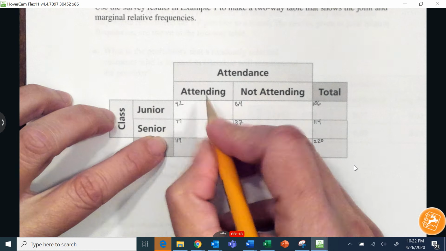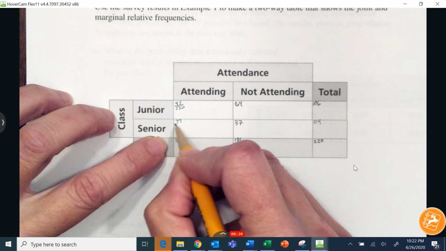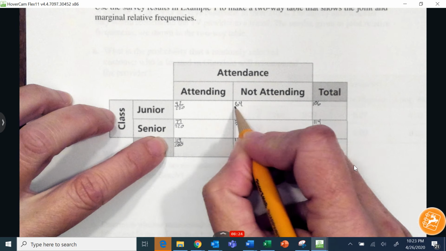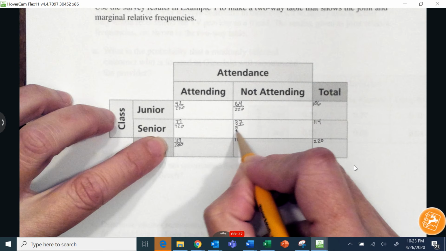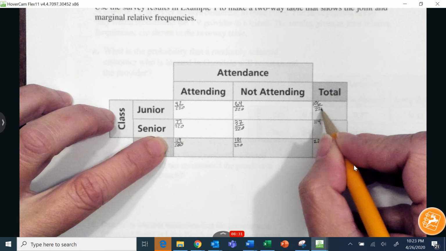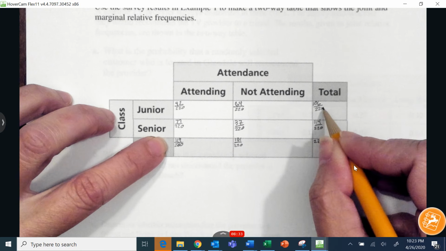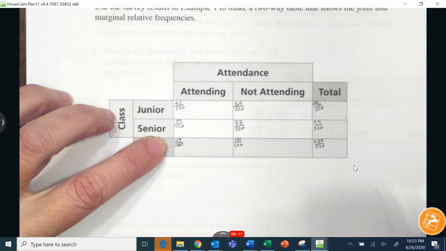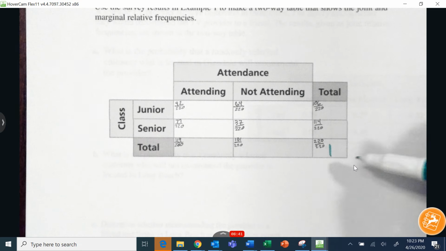Now, all of those values we're going to put over 220. Again, every single one of these putting over 220. And when you do that, the total should be a value of 1.